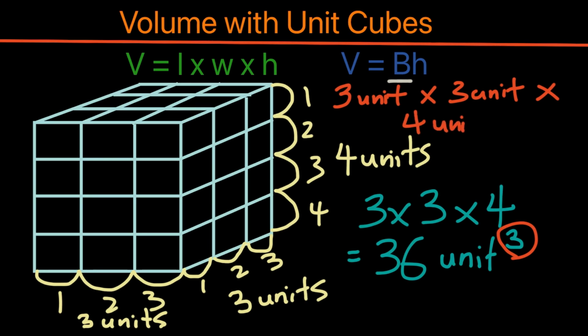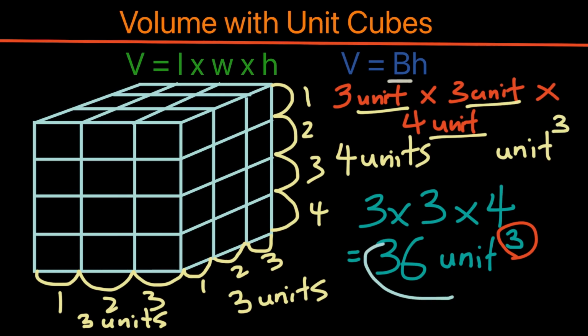And when you have 3 of these units, they become unit cube. So this is the answer that you will get by using the volume formula of length times width times height.